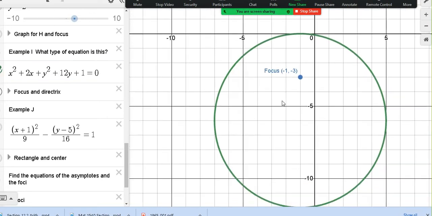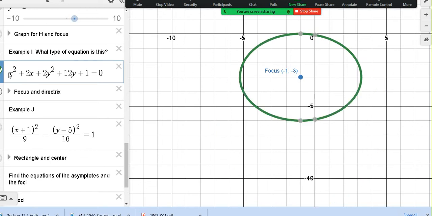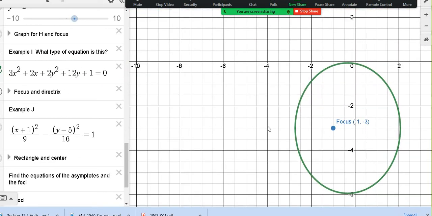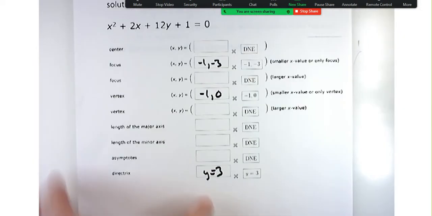So that turned it into a circle. If I make these different, say put a 2 here and maybe a 3 here, it's no longer a circle, it's an ellipse. So it's a nice quick way to tell what you've got, by looking at the coefficients of the square terms. Awesome. Thanks for the follow-up.